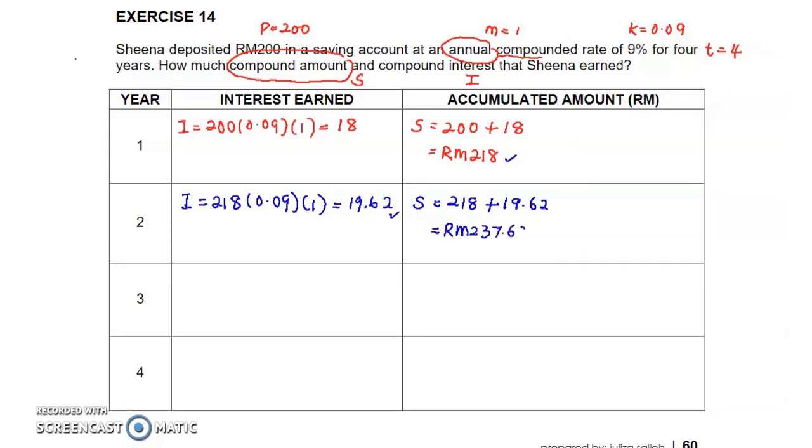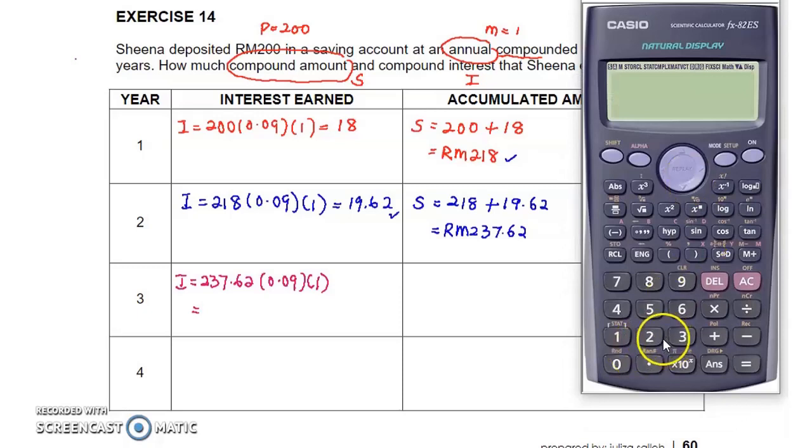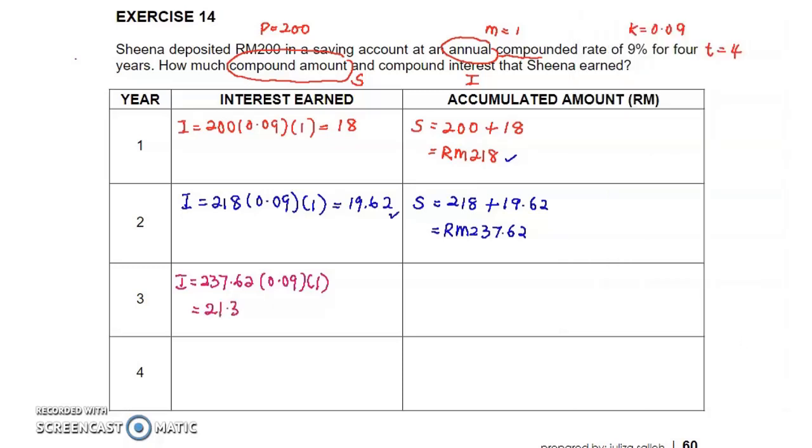Now this value will be the new principal in the calculation of interest in the third year. So here I equals 237.62 times 9% times 1. The interest here is 21.39.